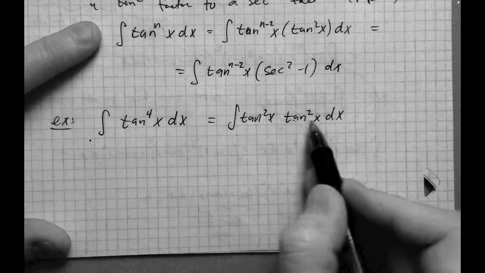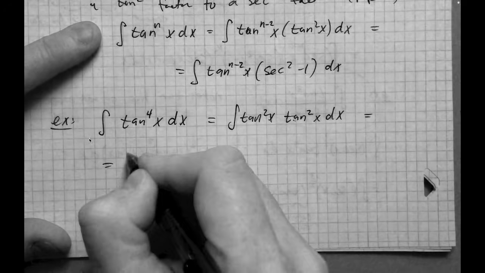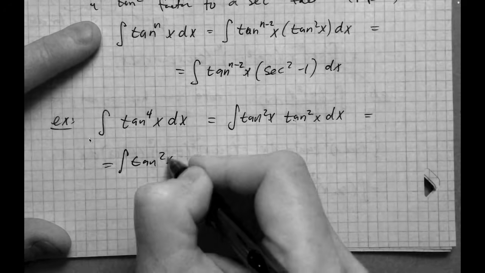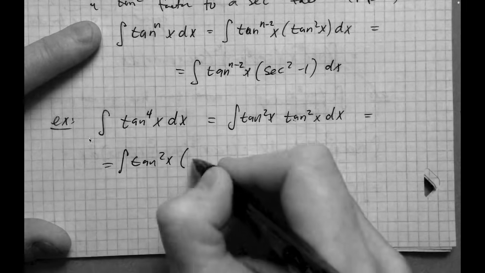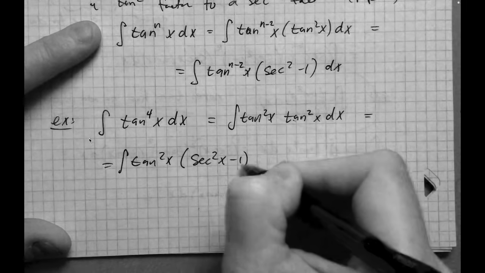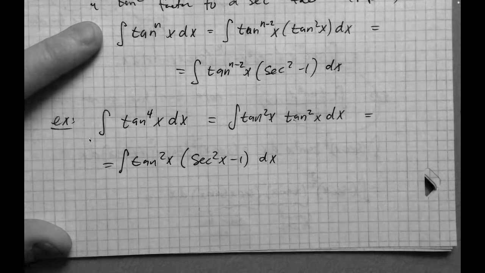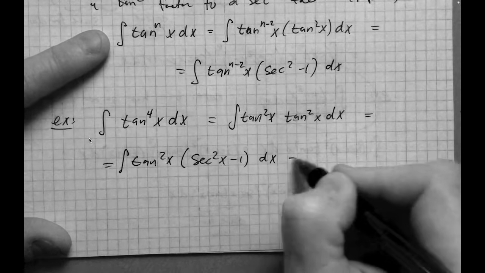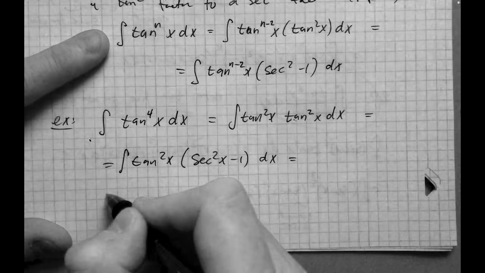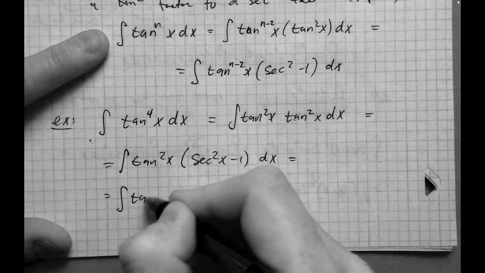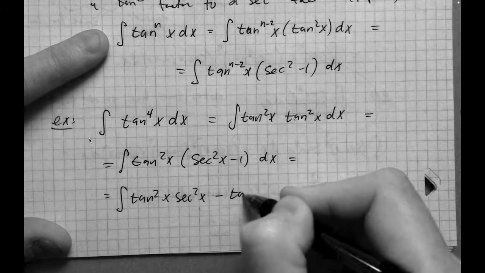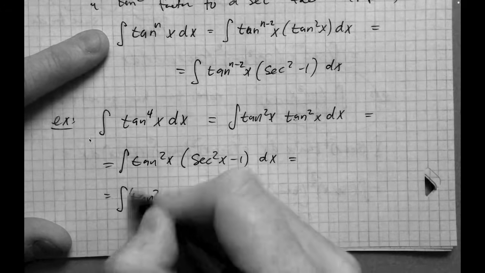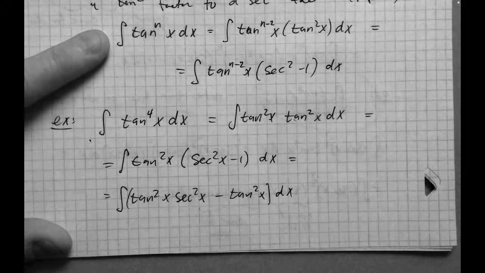This one can be converted, and we'll have secant squared x minus 1. Then we can just do the expansion here. So I get tan squared x secant squared x minus tan squared x dx.